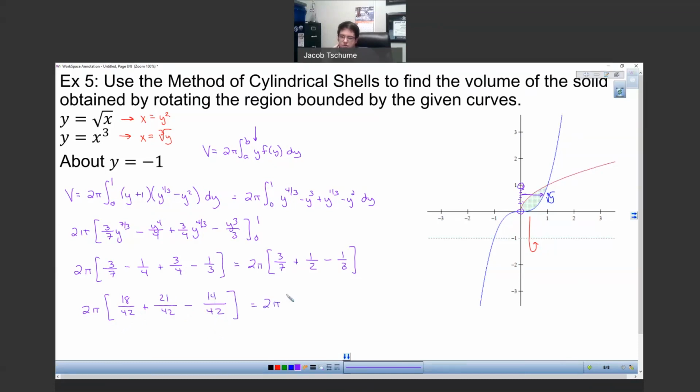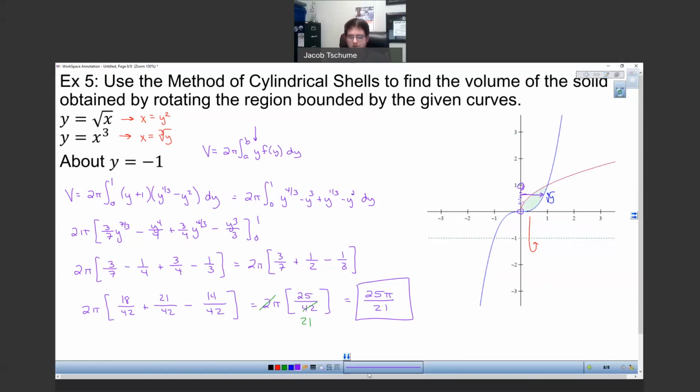So that would be 2 pi times 18 plus 21 is 39, and 39 minus 14 is 25 over 42. Well, the 2 and the 42 both share a 2 in common, so that 2 cancels. That becomes a 21, and your final answer would be 25 pi over 21 as the volume using the method of cylindrical shells.